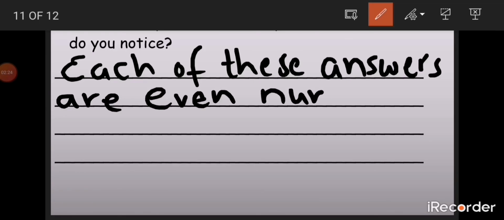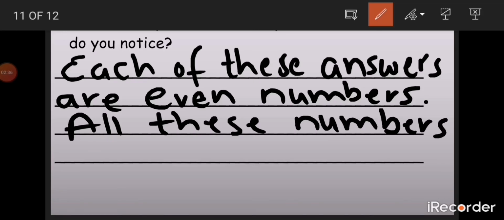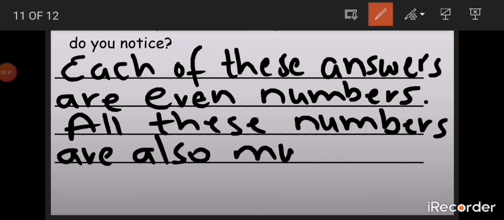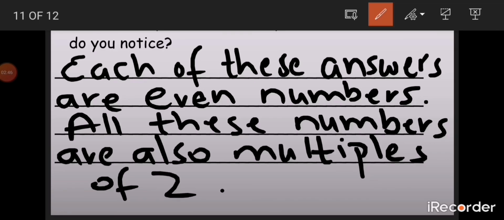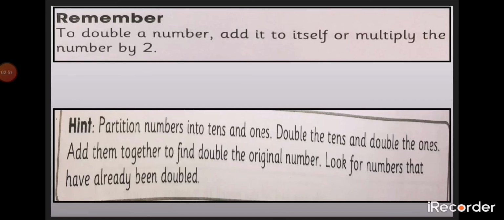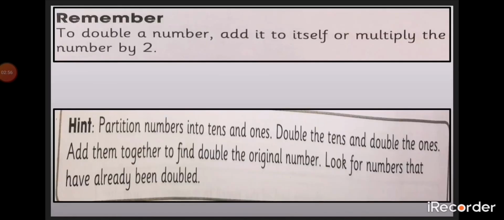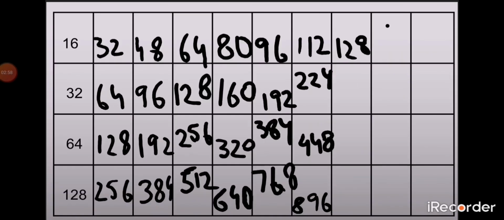And we can also say they are also multiples of 2. So this thing you will write here in the downward part. All these numbers are multiples of 2 and all these numbers are even numbers.